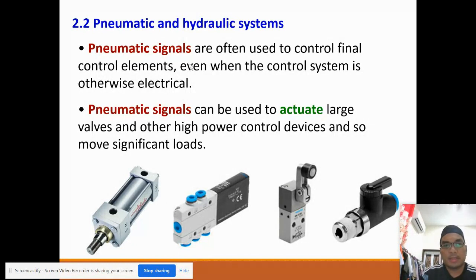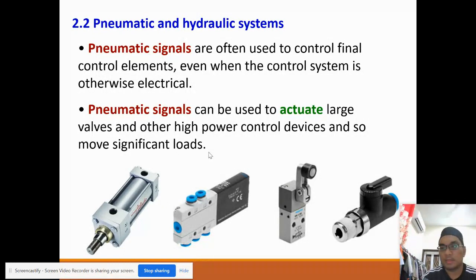So if we have a control signal, as I said before, it may come from an electrical signal such as voltage or amps from a microprocessor or microcontroller, so it's transformed to this mechanical system. That's used to control the final control elements.